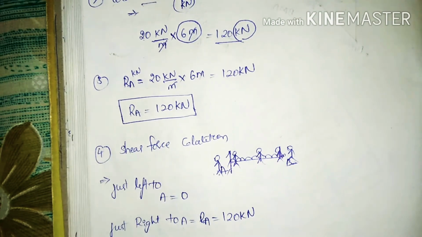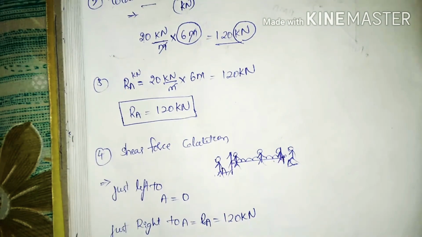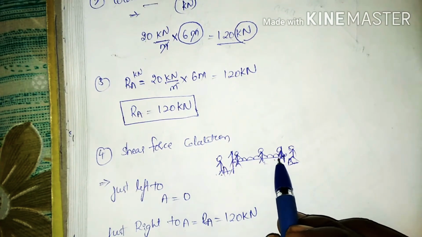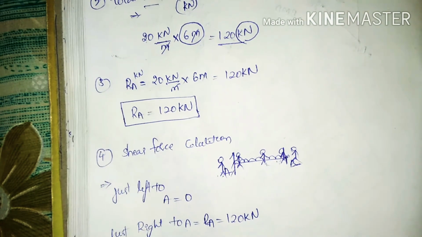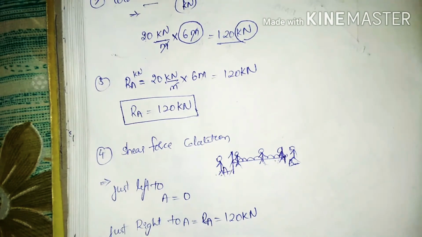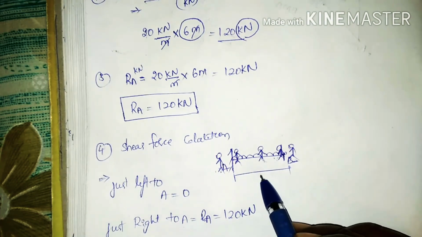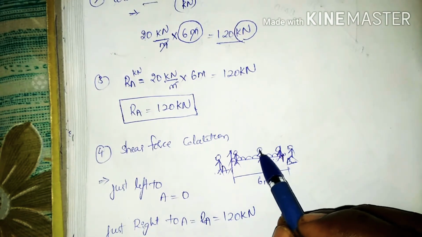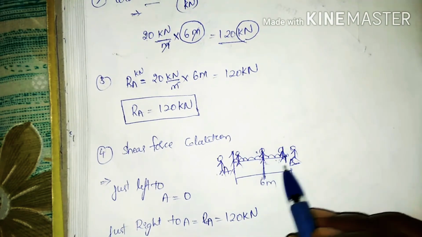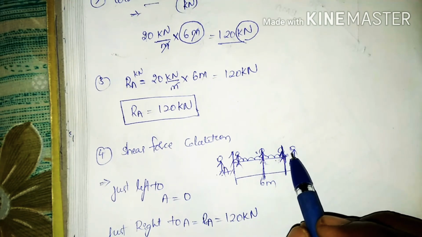Let us consider this is 6 meters. If we stand here, the magnitude is going to be different, and if you stand at B, just left of B, the magnitude is going to be different.